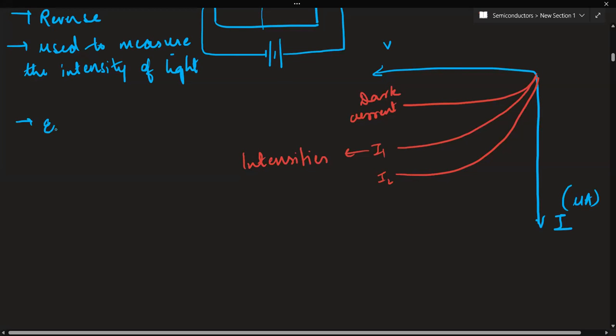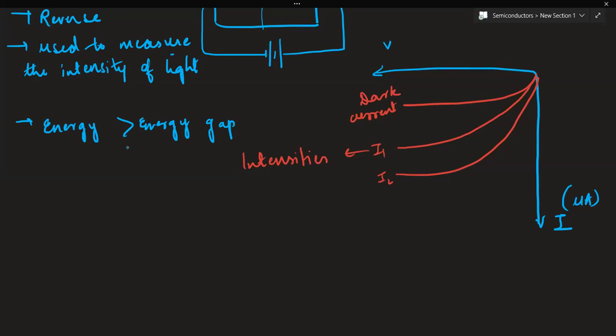One more thing, the photon energy is greater than the energy gap. Because of this property, a photodiode is able to allow current to pass, because when a photodiode is illuminated with light of photons of energy h nu greater than Eg.